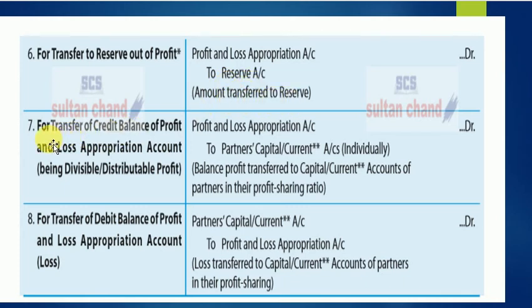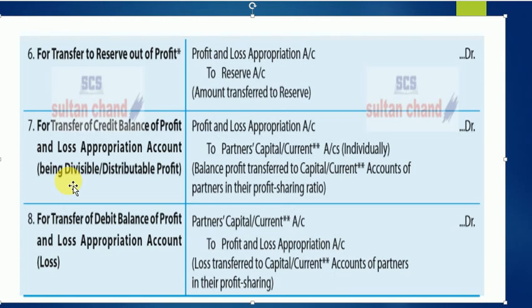Finally, when we did the totaling and balancing, if the credit was more than the debit, it is called net divisible profit, or distributable profit. This is the balancing figure on the left hand side of the appropriation account, which is known as net divisible profit. The word net is missing here, but you should remember this is net divisible profit, because the profit which we took in the beginning on the credit side was net profit from the profit and loss account.